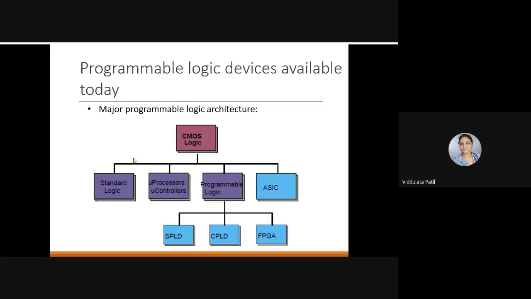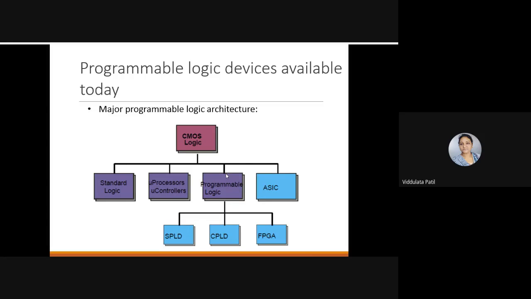Standard circuitry is not going to change: once it has been fabricated, the functioning of those ICs cannot be changed. But in a programmable logic device, by programming we can change this.